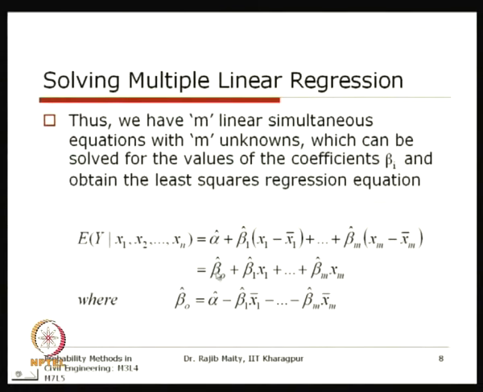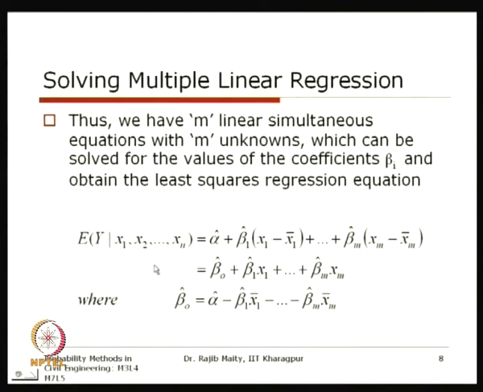Now, if we write it in terms of the first equation, that is beta naught hat plus beta 1 hat x 1 plus beta 2 hat x 2 plus beta m hat x m, where beta naught hat, the estimate of beta naught, equals alpha hat minus beta 1 hat x 1 bar minus beta 2 hat x 2 bar minus beta m hat x m bar.